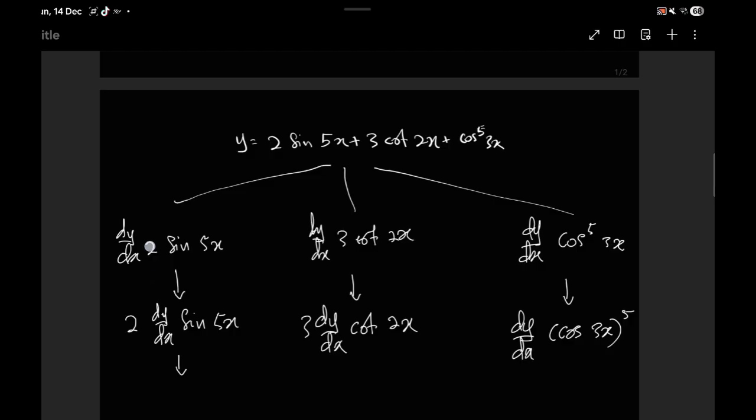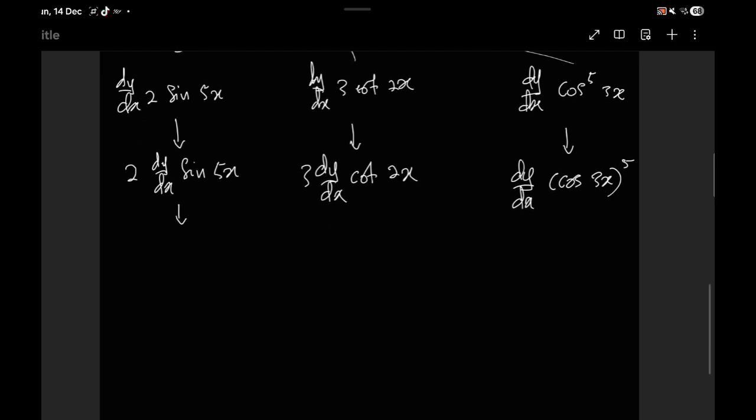The differentiation of sine 5x is, don't forget the constant, 2 times 5 cos 5x. Basically this will be 10 cos 5x.